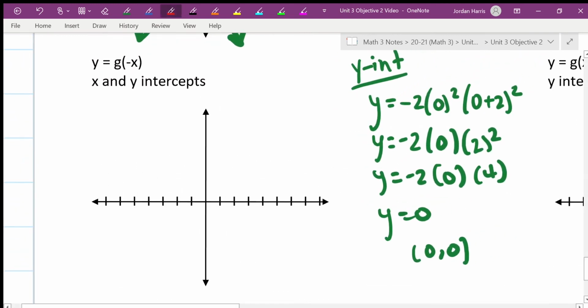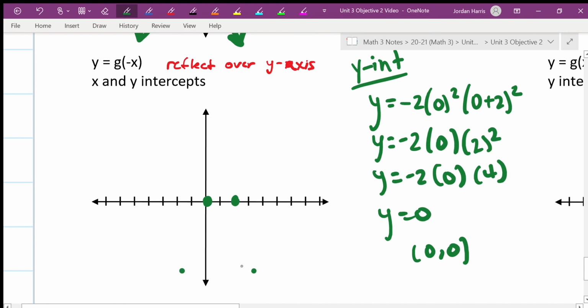Okay, so I have a negative on the inside. So that's a reflection over the y-axis. Okay, so reflect over the y-axis. My point that was on the y-axis stays the same. My point that was on the other side, so it was 2 left. Now I go 2 to the right.